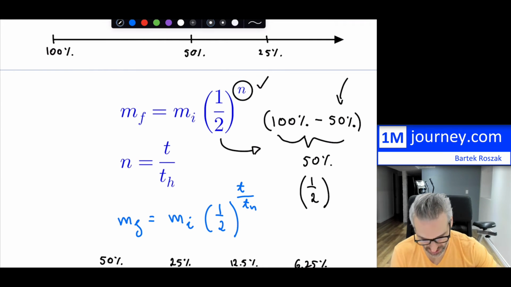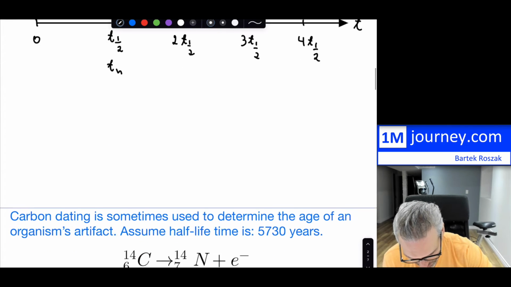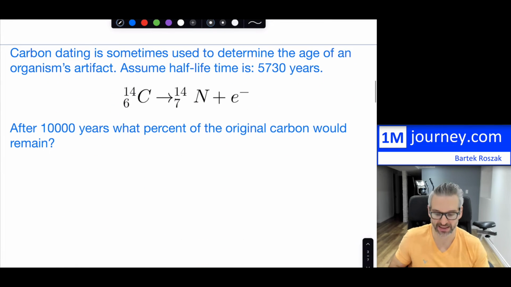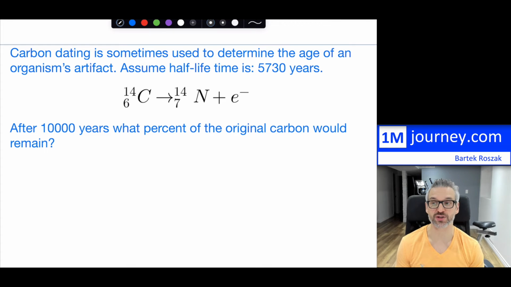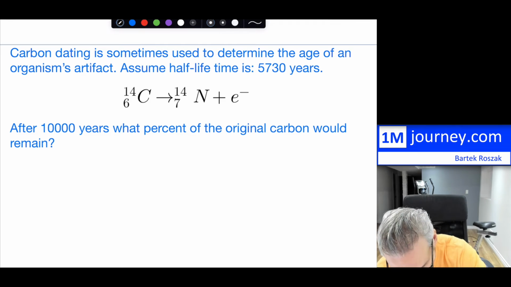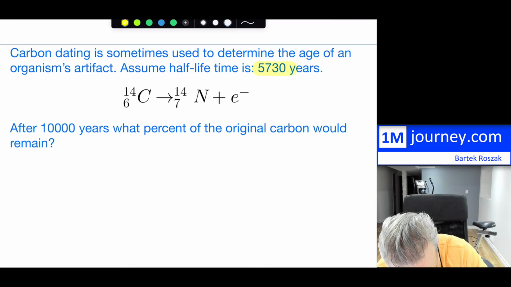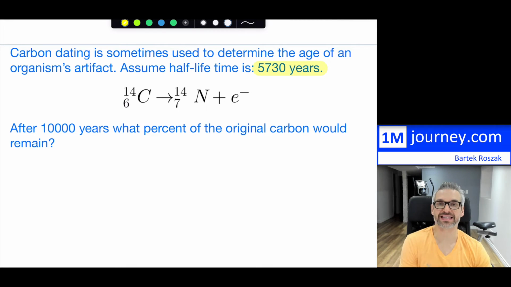So let's see this through an example. Here's the first example, which relates it back to carbon. Carbon dating, which is something maybe you've heard of, is sometimes used to determine the age of an organism's artifact. Now assume the half-life time is, and notice that it's a very long time, at least in this case, for carbon it is 5,730 years, approximately.